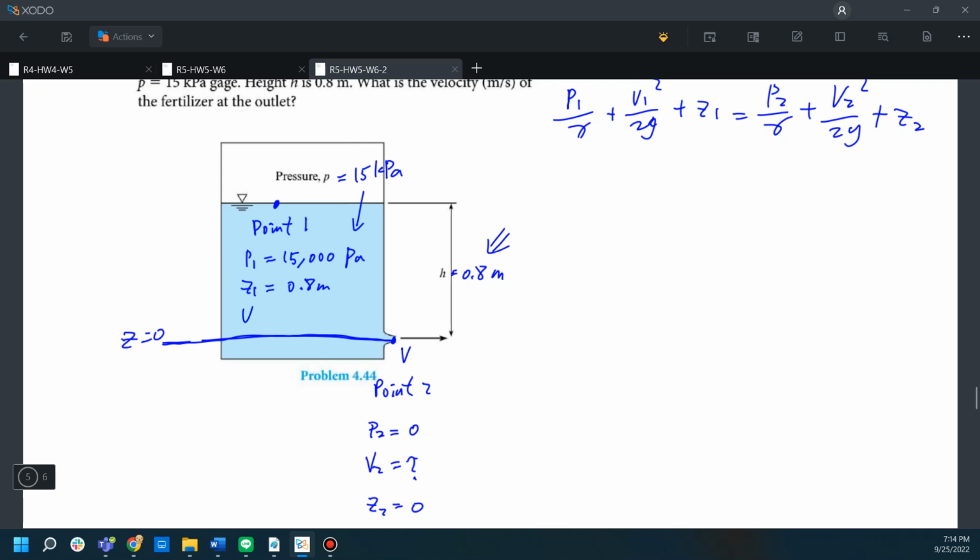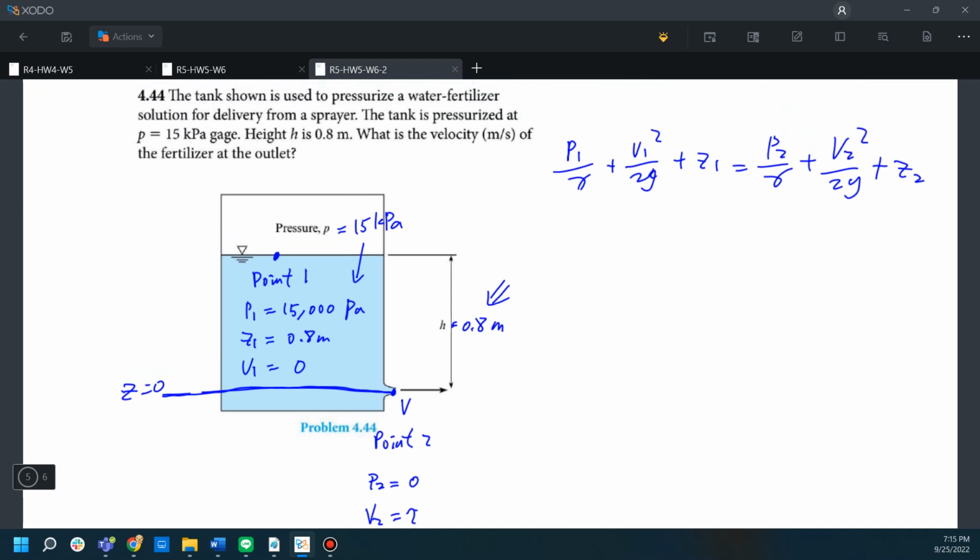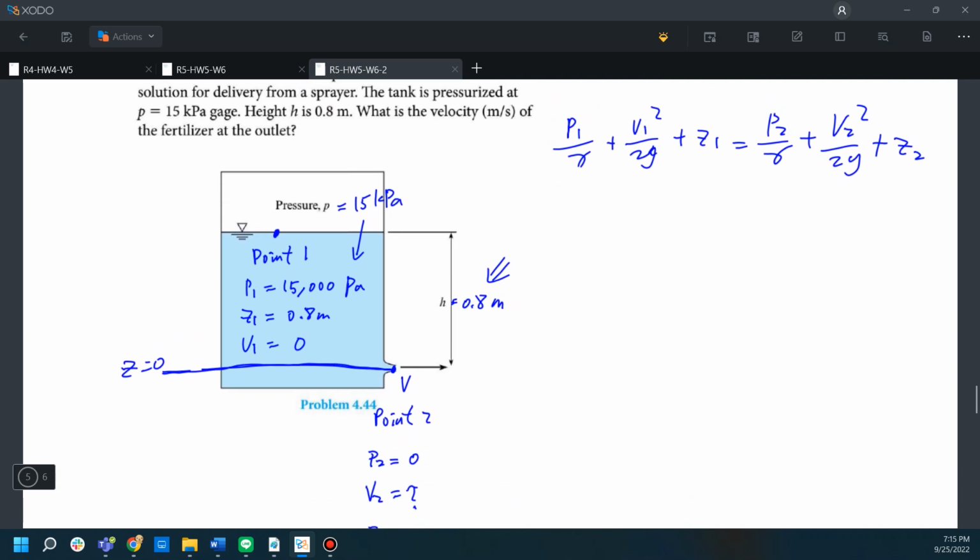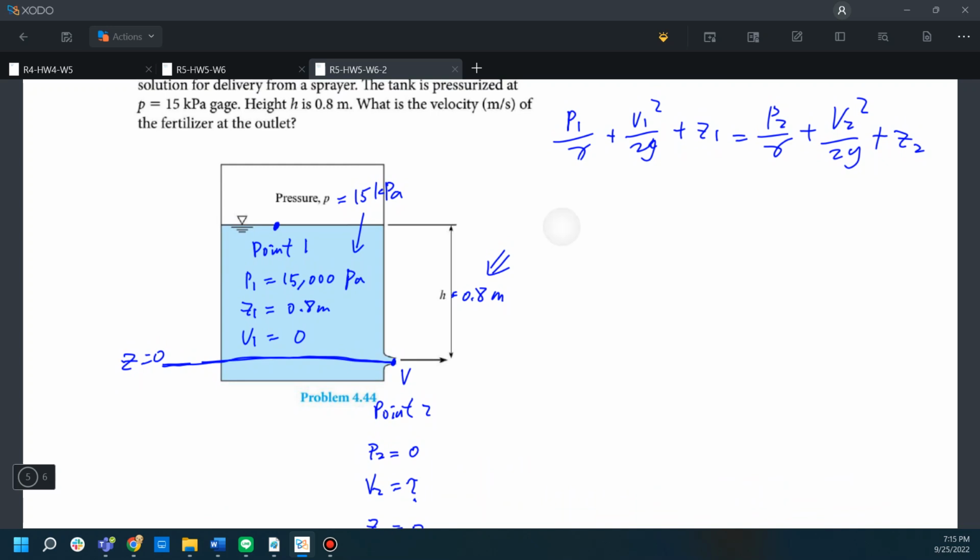And the velocity is 0, because we assume that the width of this tank is much larger than the outlet, so the velocity can be ignored in this case. Then we will use this information to simplify this equation. V1 is 0, z2 is 0, P2 is 0, so the simplified equation looks like this.